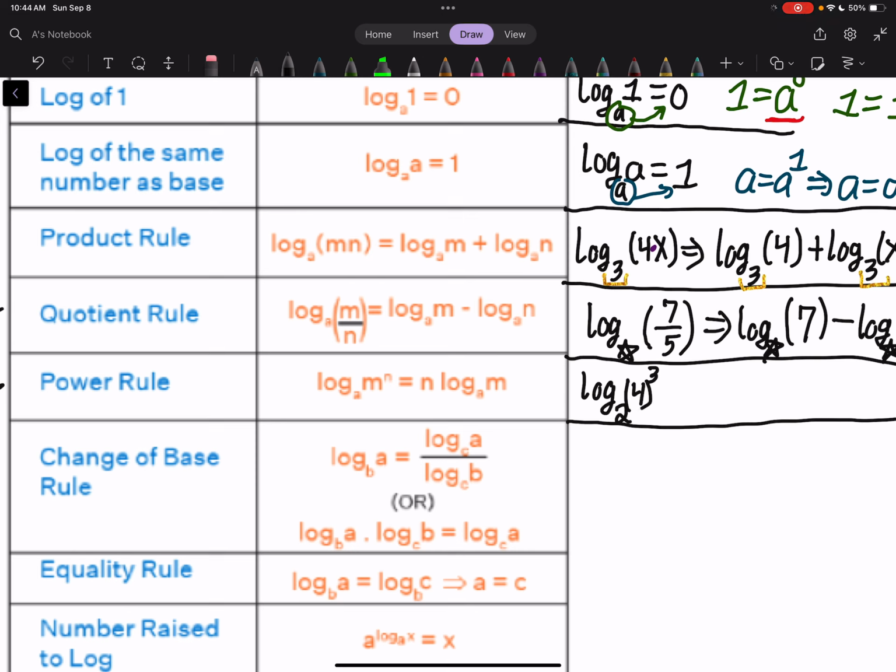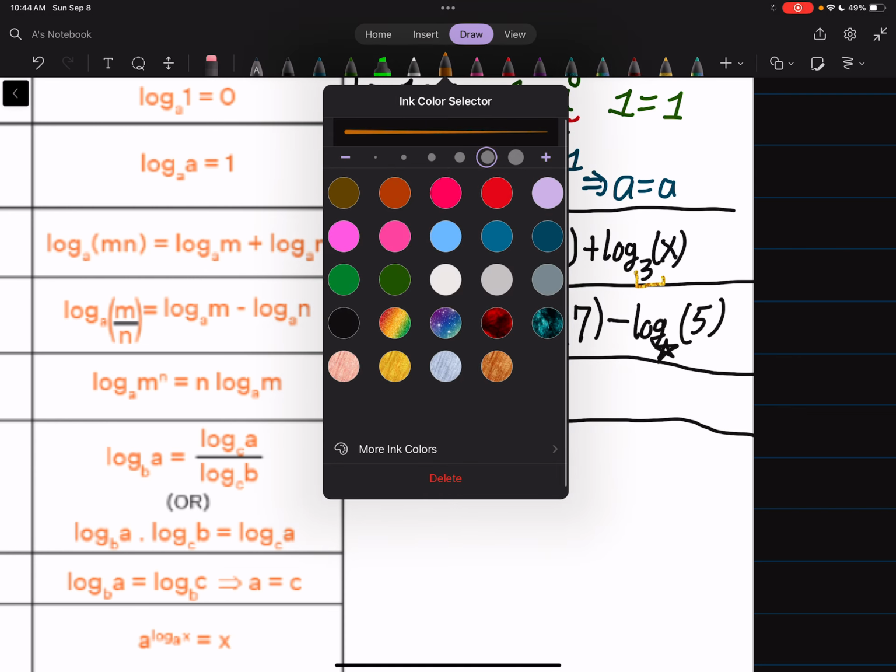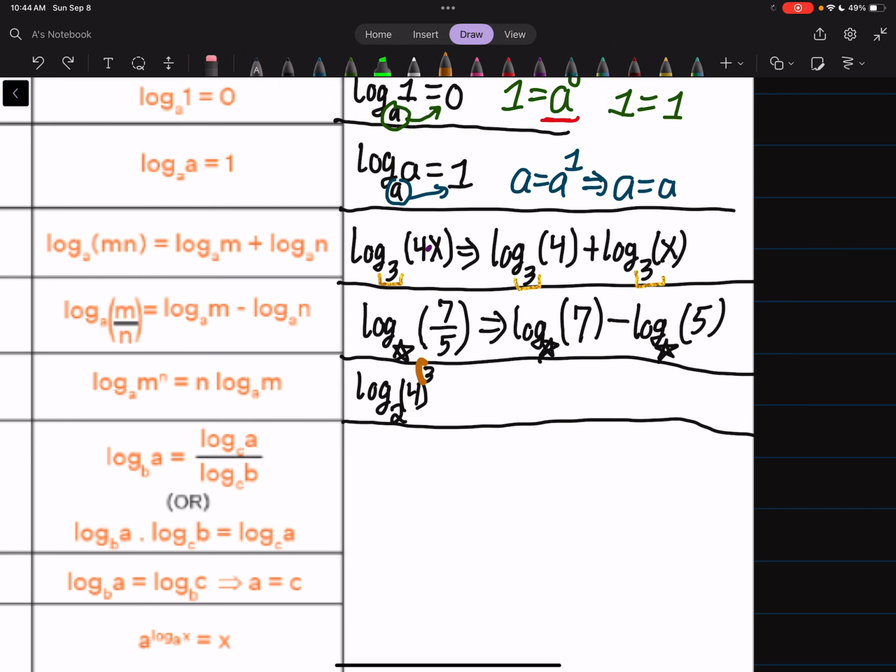So this is log base 2 of 4, and then that's raised to the 3rd power. I can take my exponent here and put it in front of the logarithm. So this is 3 times log base 2 of 4.